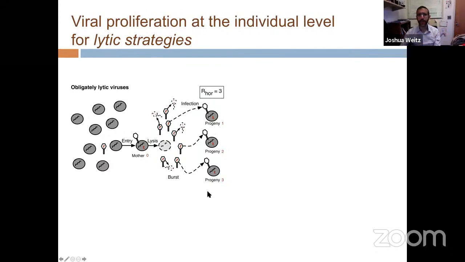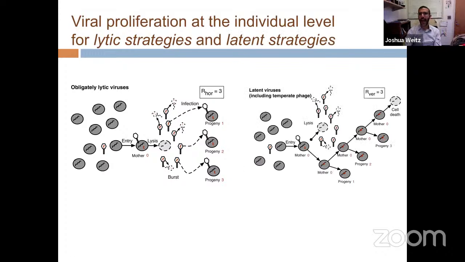Only a very few, in this example 3, end up infecting a new host, and we'll call these progeny viruses. I would call the fitness at the individual level here R_HOR, for horizontal, equal to 3. In contrast, if I think about temperate phage, yes, they can do this, but they might instead integrate.